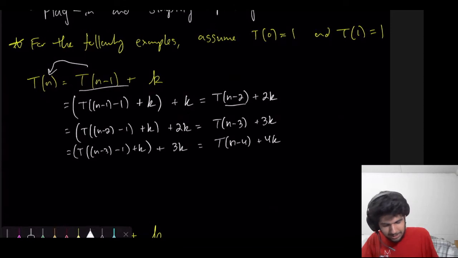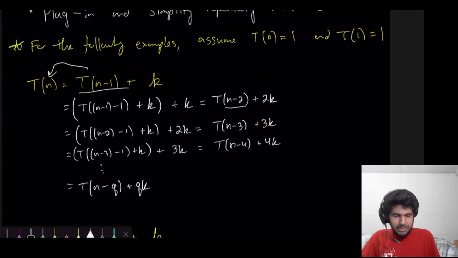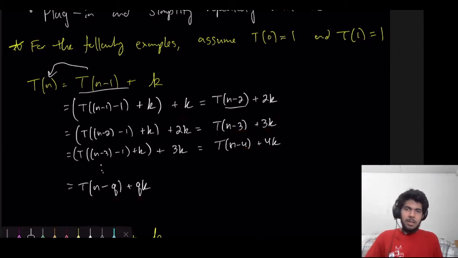And you're starting to see a pattern, and eventually we'll get down to T(n-q) plus qk. That's the pattern we're following here, where we have n-4 plus 4k, n-3 plus 3k, n-q plus qk.